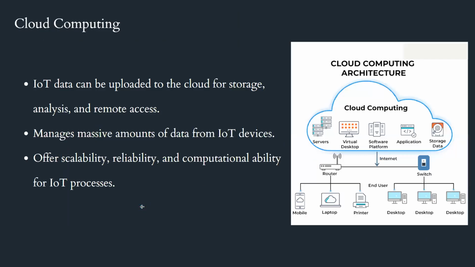The next section that I wanted to discuss was cloud computing. Cloud computing is an emerging technology that is widely used for IoT networks. The reason is that IoT networks collect large amounts of data, and that data needs to be stored in a large storage. You need a lot of space to store the data, right?